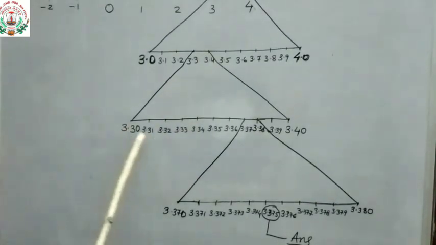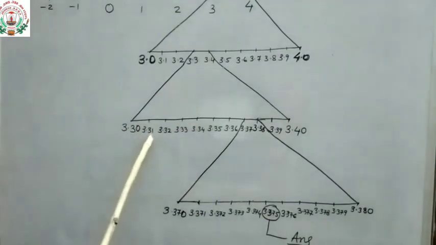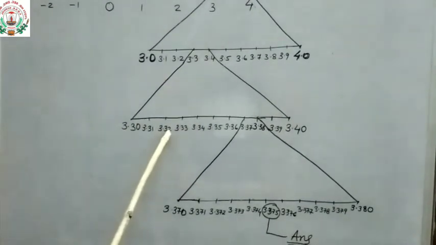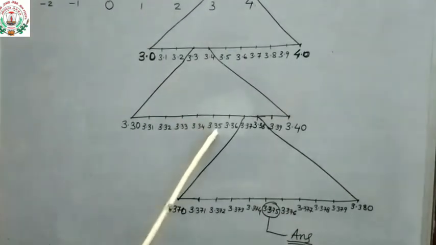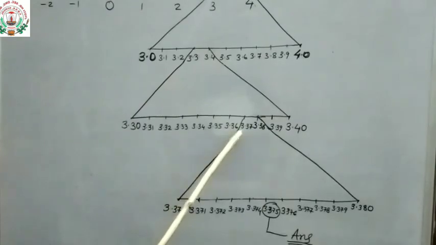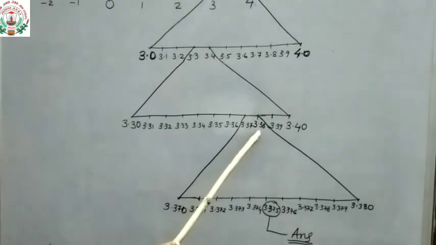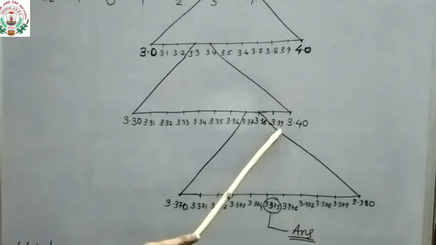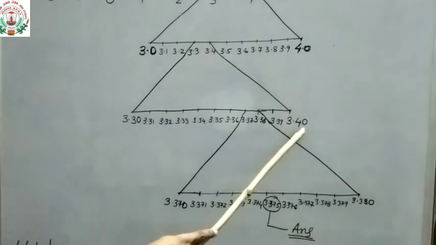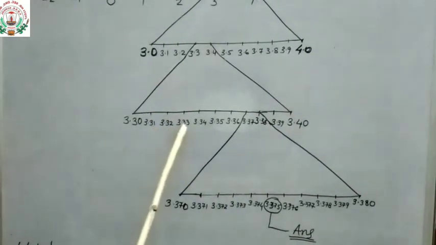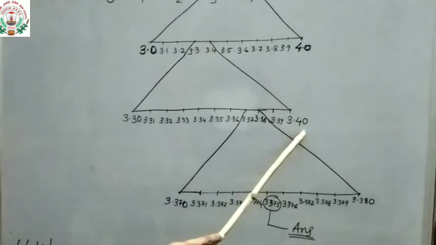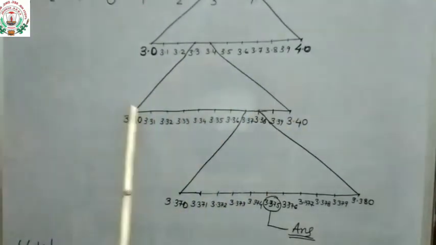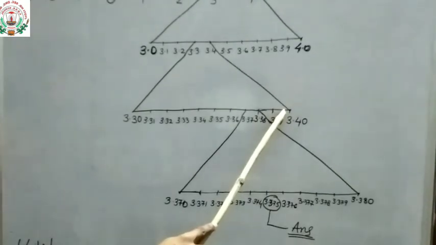In between, what all values will come? 3.31, 3.32, 3.33, 3.34, 3.35, 3.36, 3.37, 3.38, 3.39 and 3.40. Okay. So likewise you have given numbers on the number line.